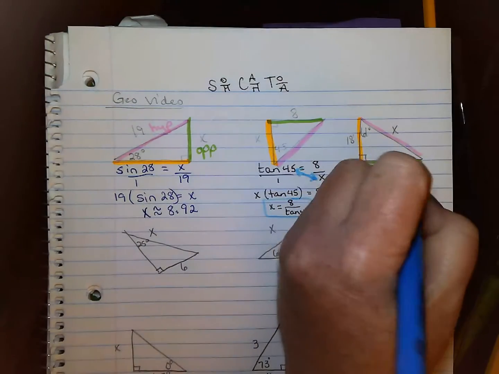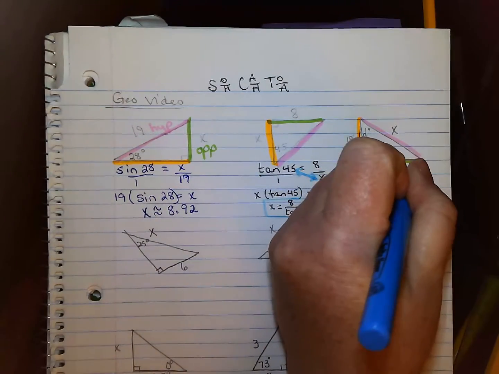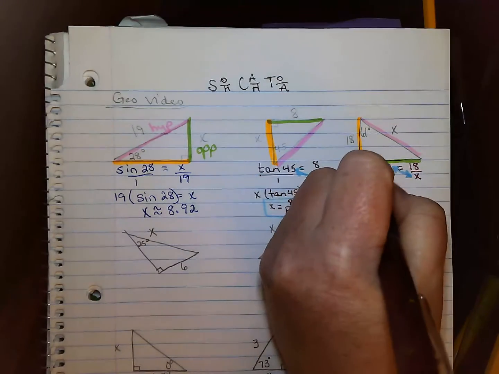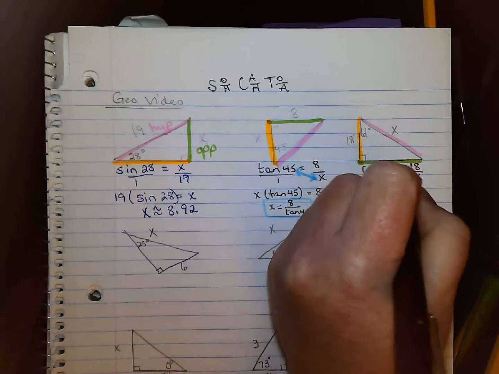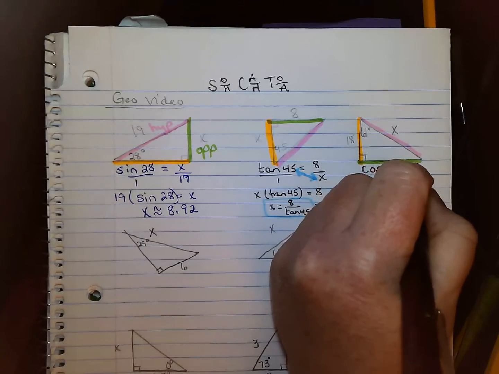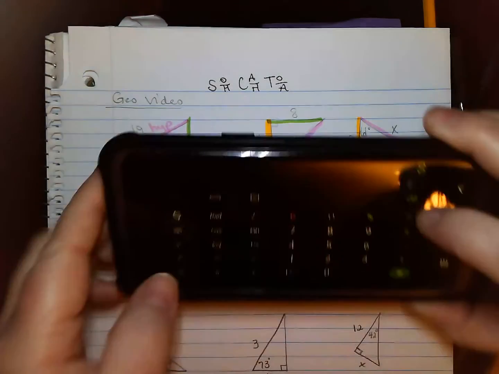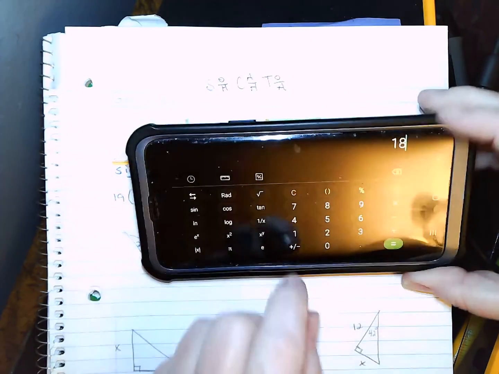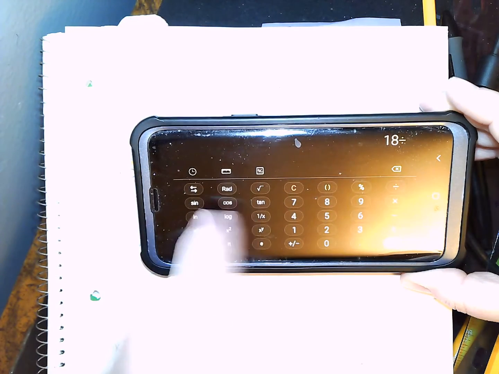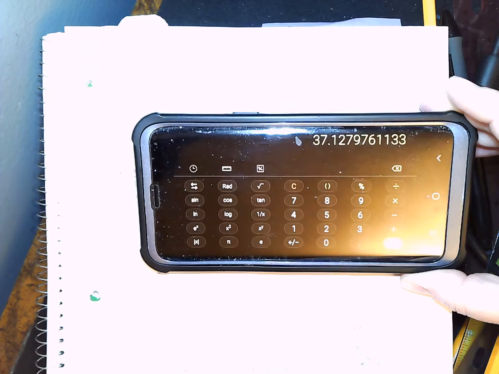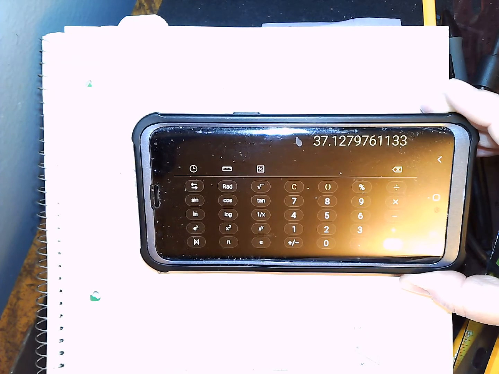I'm going to trade my diagonal. So I get x equals 18 divided by the cosine of 61 to get my answer. 18 divided by the cosine of 61 equals 37.127.